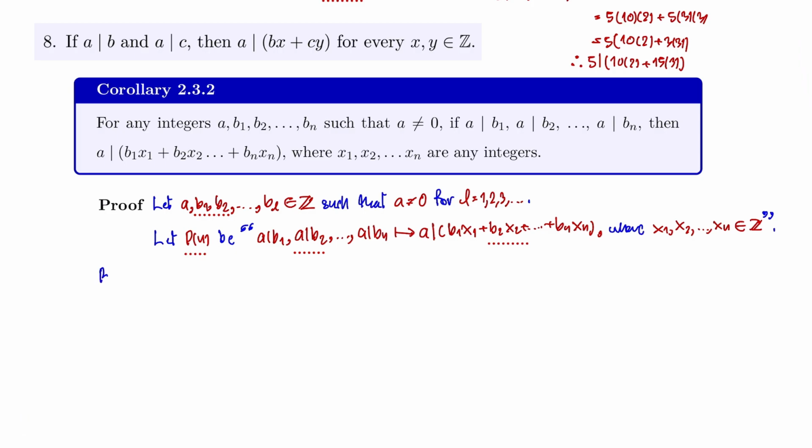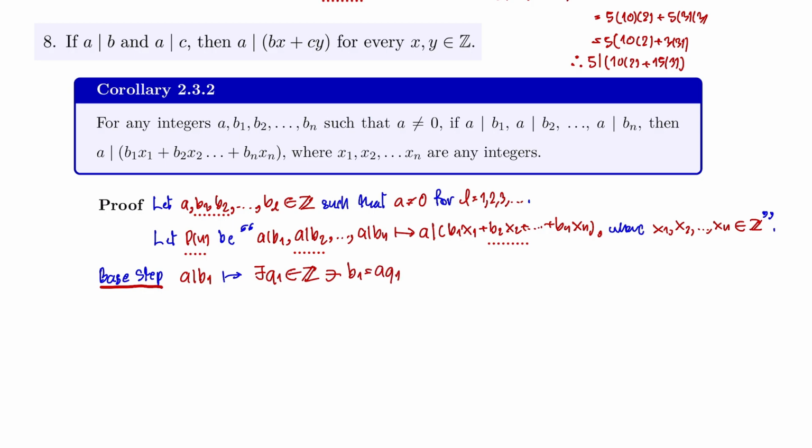Let's take a look at the base step. What do we have in the base step? We use n equals 1, right? So we're going to have a divides b1. For a divides b1, what do we have? There exists q1, which is an integer, such that b1 equals a q1, right?